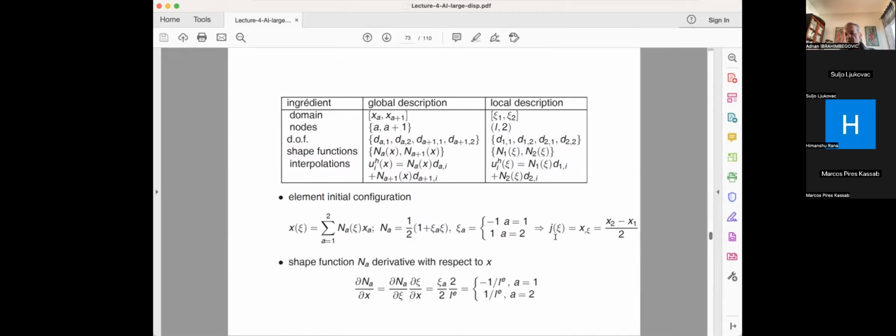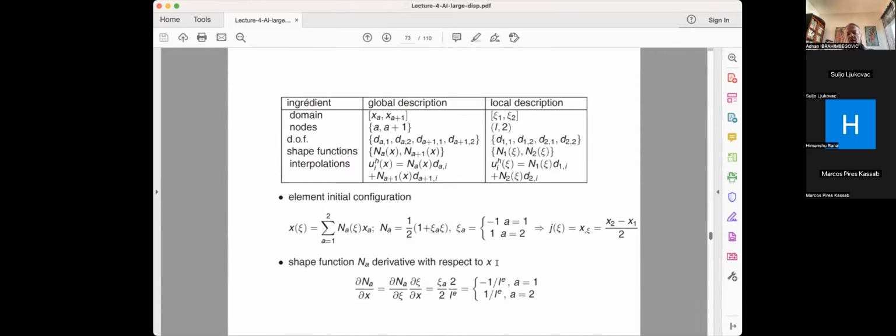So the Jacobian becomes the derivative of such a function x of xi. It simply becomes x2 minus x1 divided by 2, x1 being the left node, x2 being the right node. So basically it becomes the length of the element divided by 2. And so the derivative of the shape function with respect to x becomes 2 over LE, LE being the length of the element, multiplied by the derivative of N_A with respect to xi.